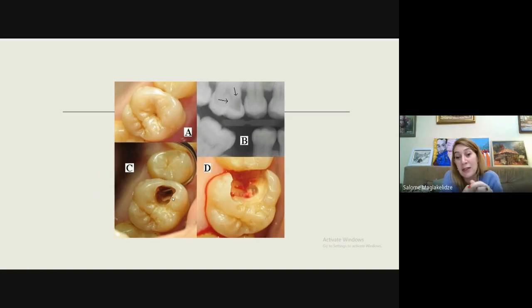This is because the dentin, as we said, is getting softer under demineralization. So you could easily feel this kind of decay when you penetrate the enamel, and then you don't feel any resistance and you fall into the cavity.